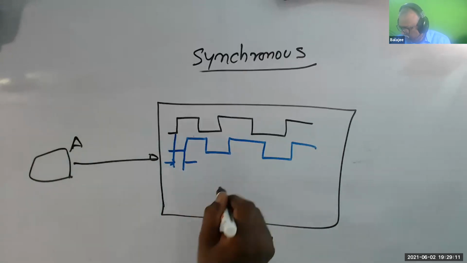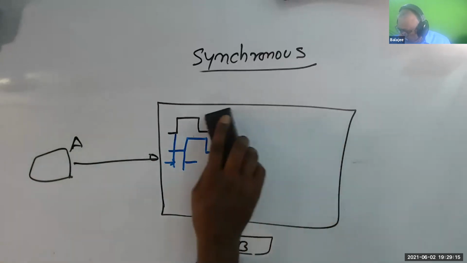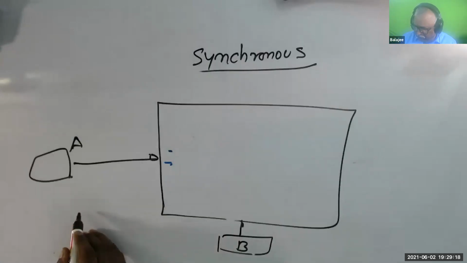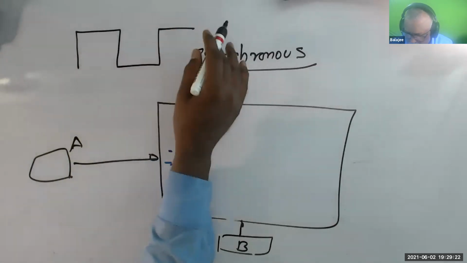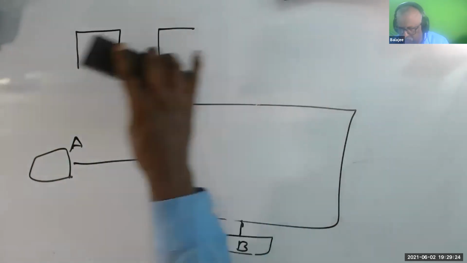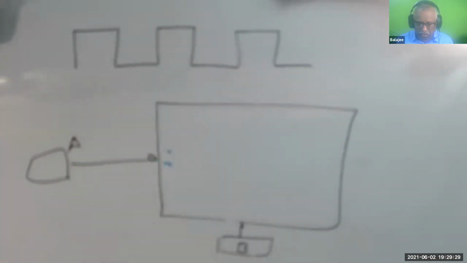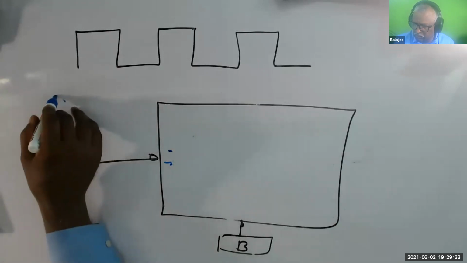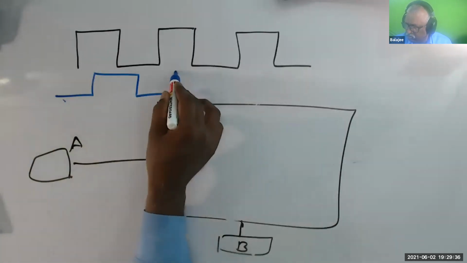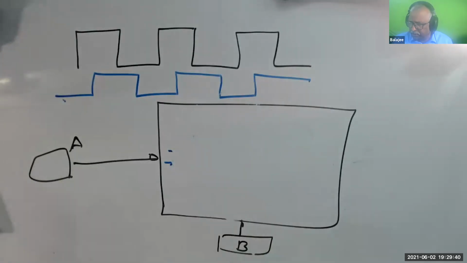But this guy will check the delay. Who? This box. After checking the delay, there are 2 clocks. Let me draw only 1 clock, then you will understand. This is the A clock. And this is the B clock. Now you see that there is a difference here.